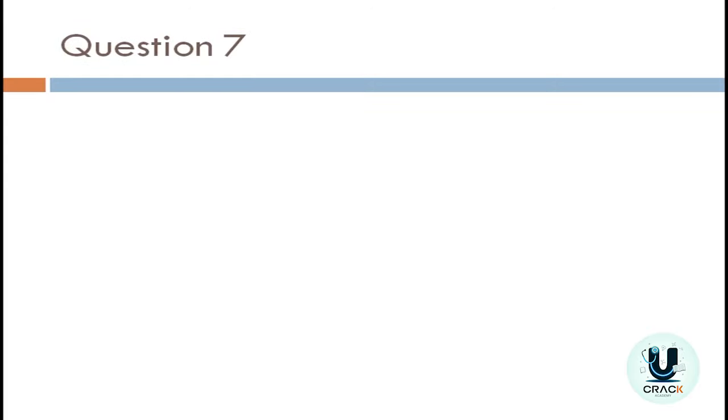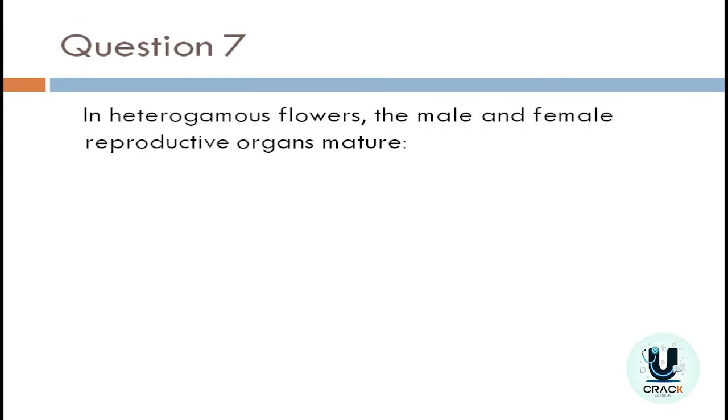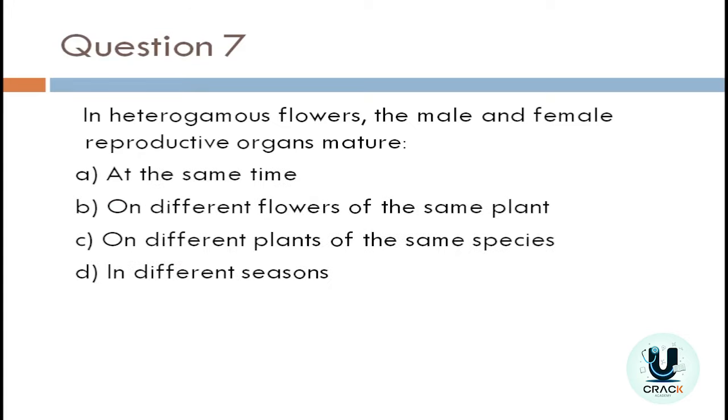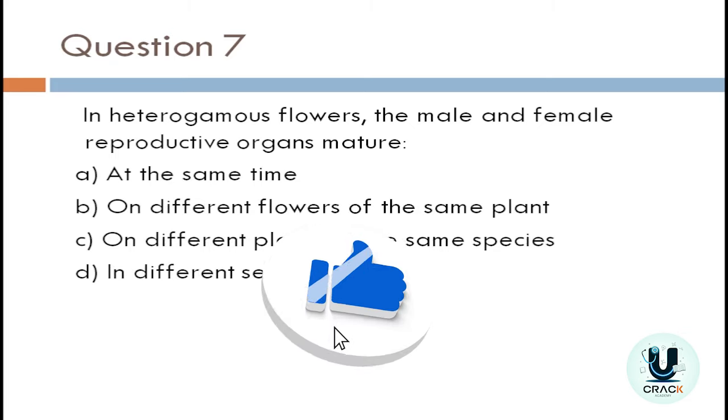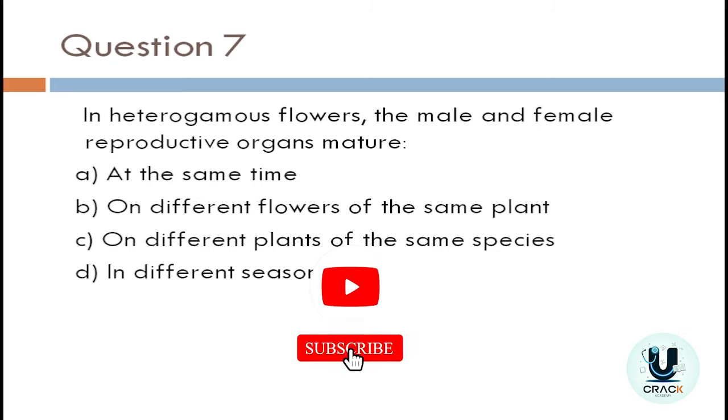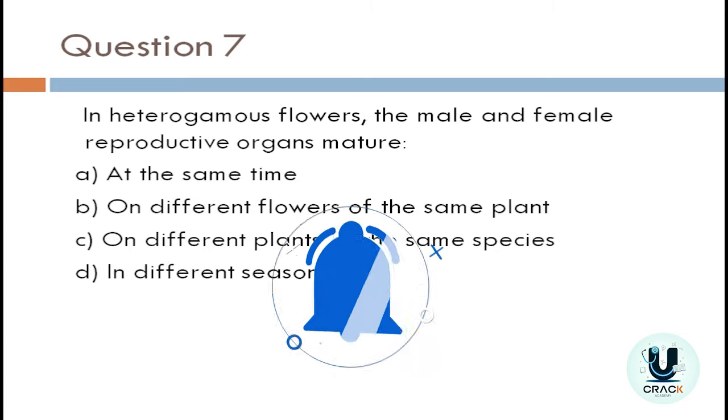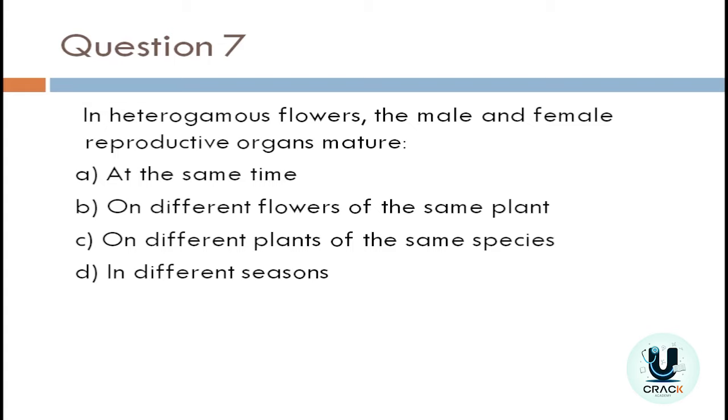Question number 7. In heterogamous flowers, the male and female reproductive organs mature: at the same time, on different flowers of the same plant, on different plants of the same species, in different seasons.